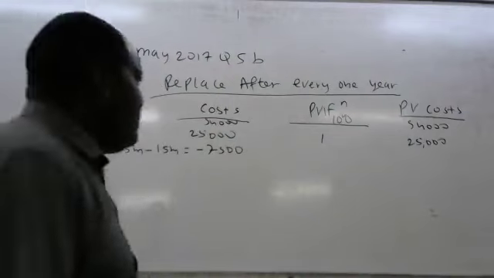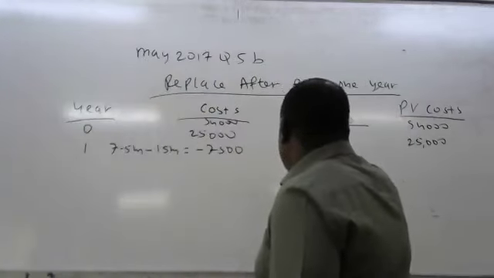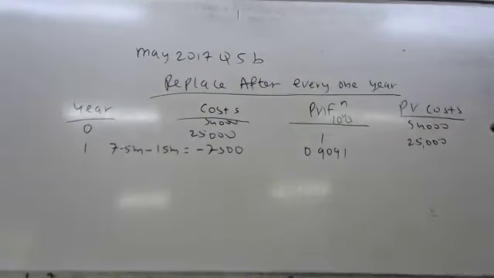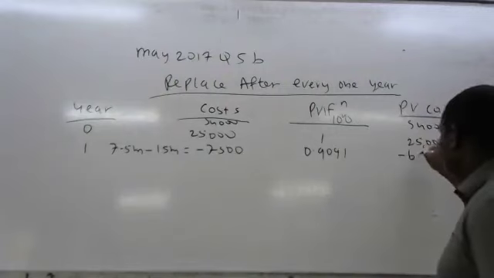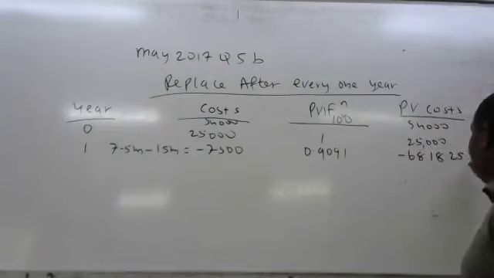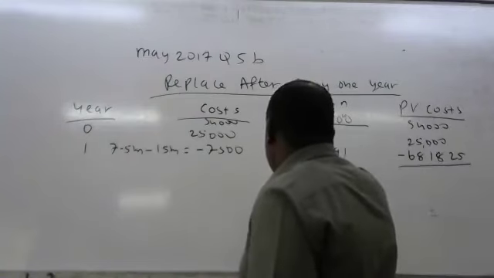Then you remember 10% in year 1 was 0.9091. So when you take negative 7,500 multiplied by 0.9091, you get negative 6,818.25. Add them together to get the present value costs.